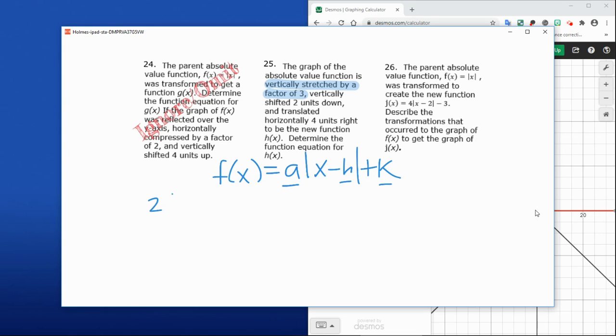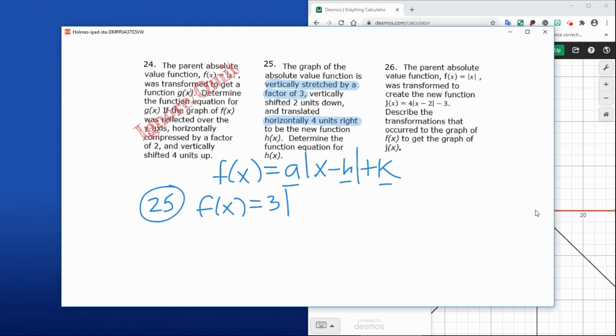So for 25, we're looking at vertically stretched by 3, which is this right here. We're going to put a 3 for the a because it's vertically stretched. And then it's vertically shifted down 2 units and horizontally 4 units. Horizontal is the h.